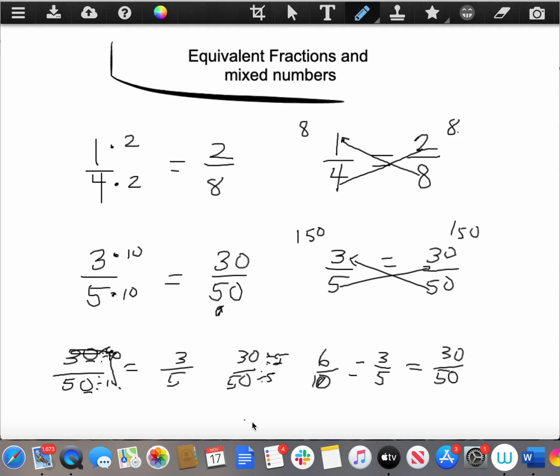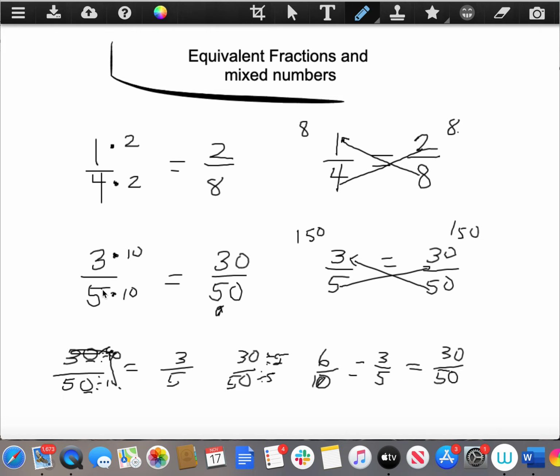Whereas 6 over 10, I could continue to break it down to 3 over 5. I could divide top by 2, which would be 3, and bottom by 2, which would be 5. So all these are equivalent to each other. They're just different forms of the same fraction. Okay, so you can make an equivalent fraction by, again, multiplying the numerator and denominator by any number.